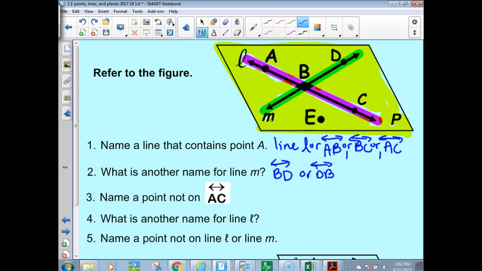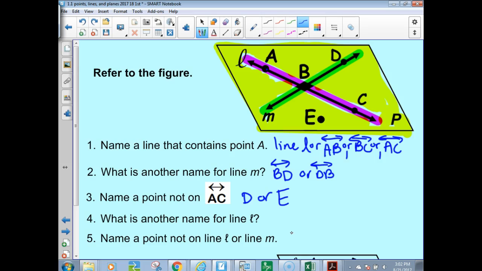I can't use the little M because that's naming line M. I can't use the little L because it's naming line L. But I can use anything else that's not on this line and isn't this or this. So I have a couple choices. Cadence? D. Okay, point D, or there's one more, and Nathan? E. D or E, that's it.